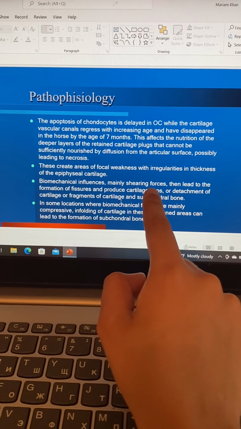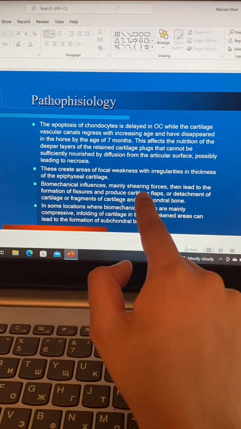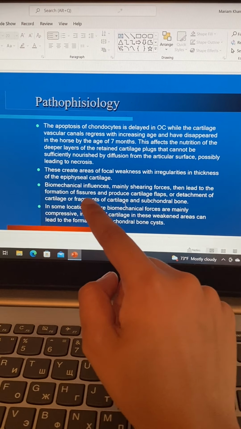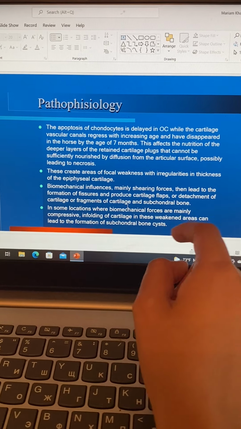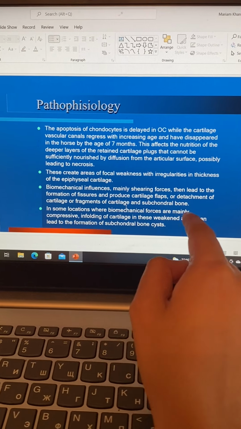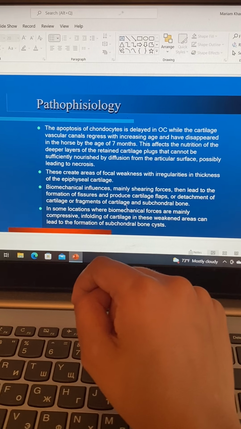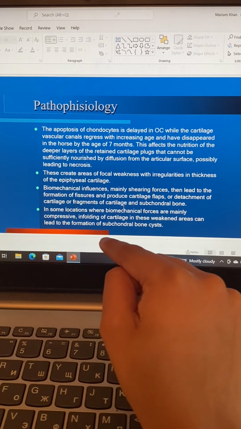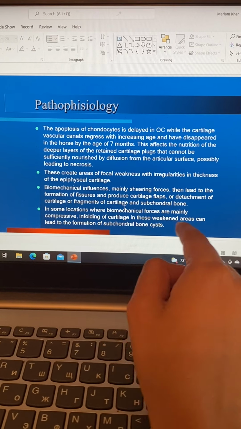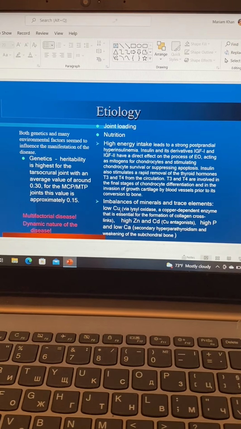So for example, it's saying biomechanical influences, especially shearing forces, lead to the formation of fissures, so like holes in the cartilage, and you get cartilage flaps or detachment of the cartilage or fragments and subchondral bone. And basically if these forces are mainly compressive, you get the cartilage folding in these weakened areas and you can get subchondral bone cysts.